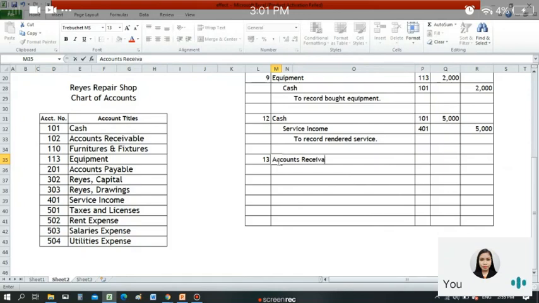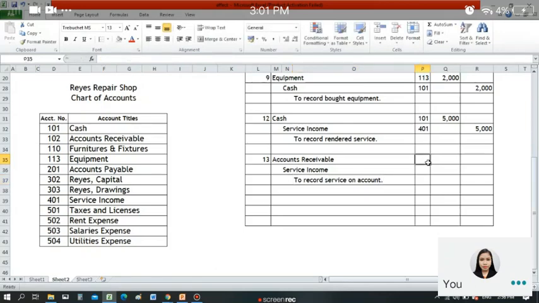Pag payable lang nilagay nyo, meaning kayo yung nagpa-utang. So ang may utang dito ay si customer. So this is a receivable. Since we already performed the service, so we recognize the service income because it is already performed. So to record, pwedeng to record service on account.